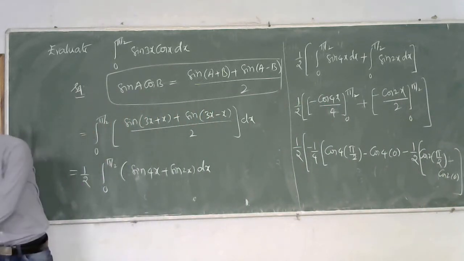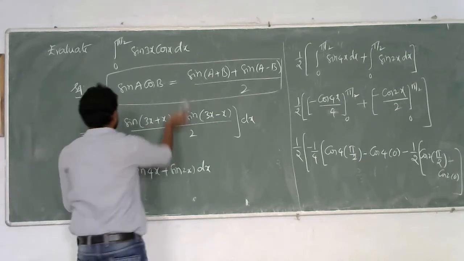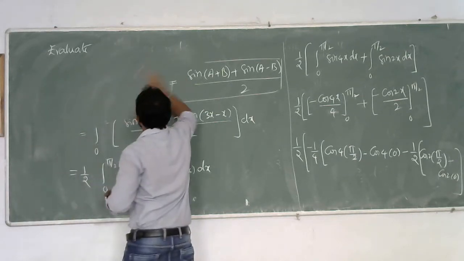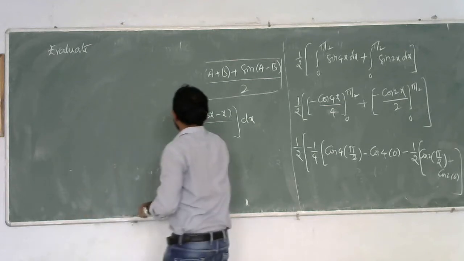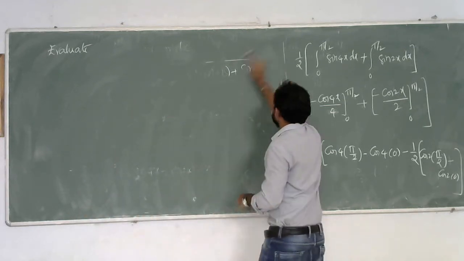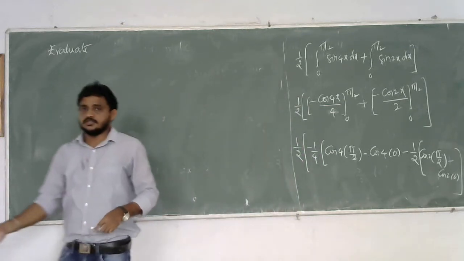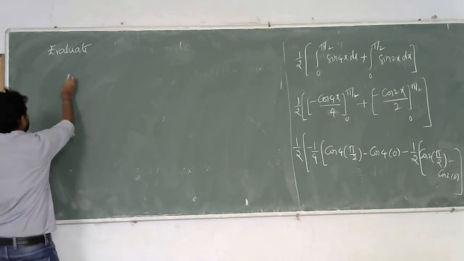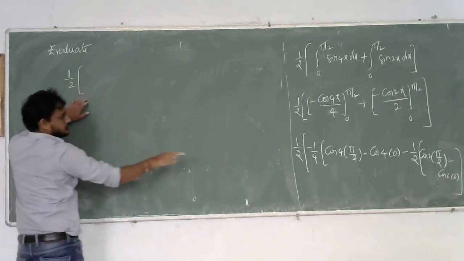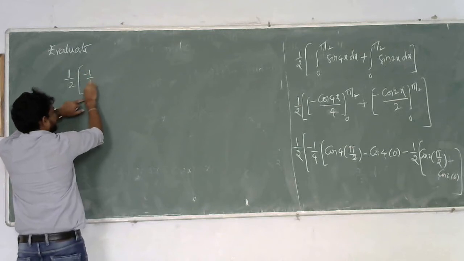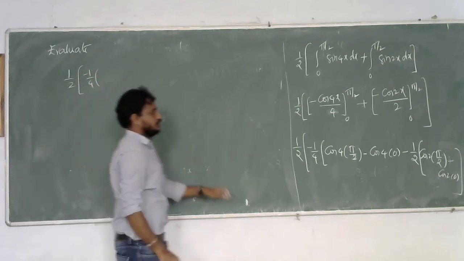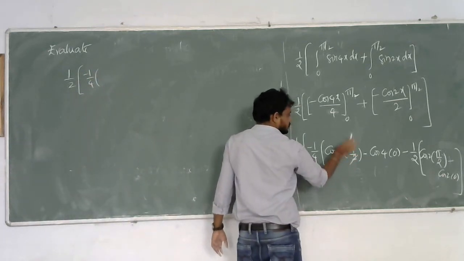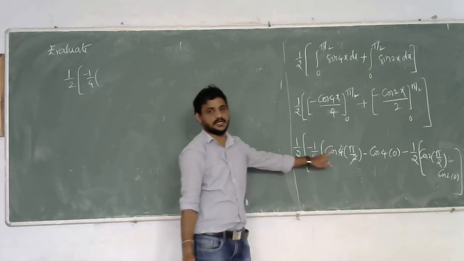Now simplify it. Minus 1 by 4, here 4 into pi by 2 gives cos 2 pi.